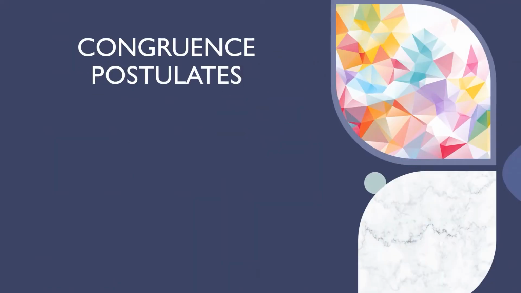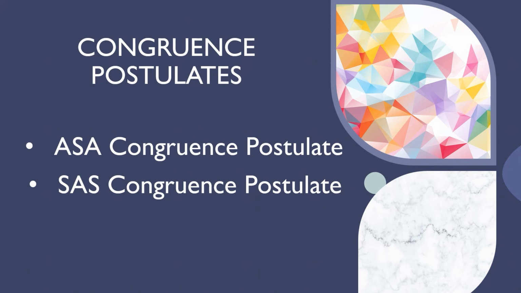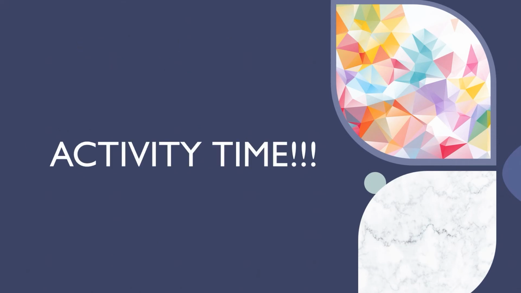Learners, don't forget the three congruence postulates: angle-side-angle or ASA, side-angle-side or SAS, and side-side-side or SSS Congruence Postulate, because you will be needing them in proving triangle congruence. And now let's have a short activity.